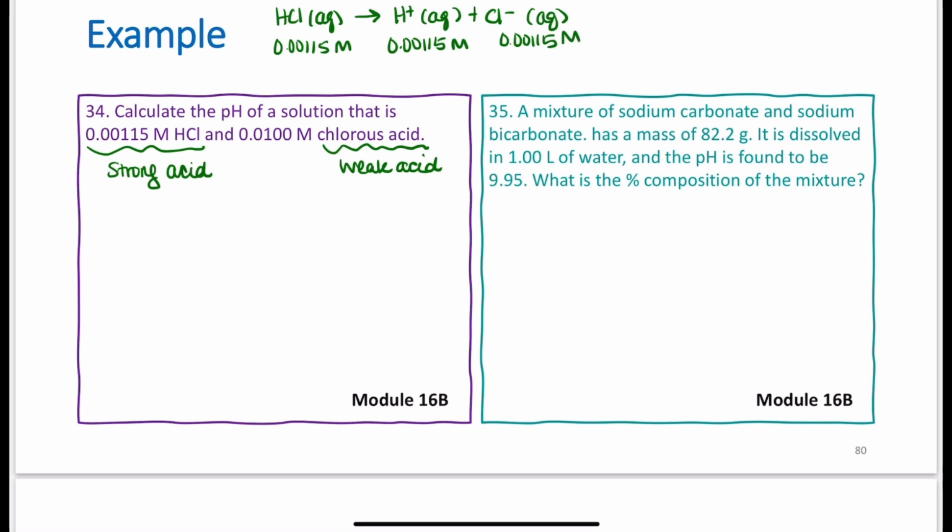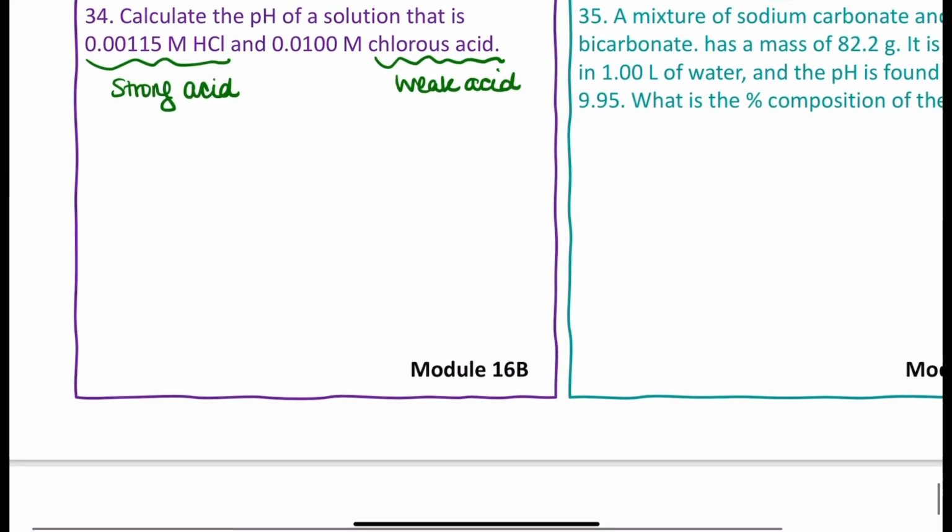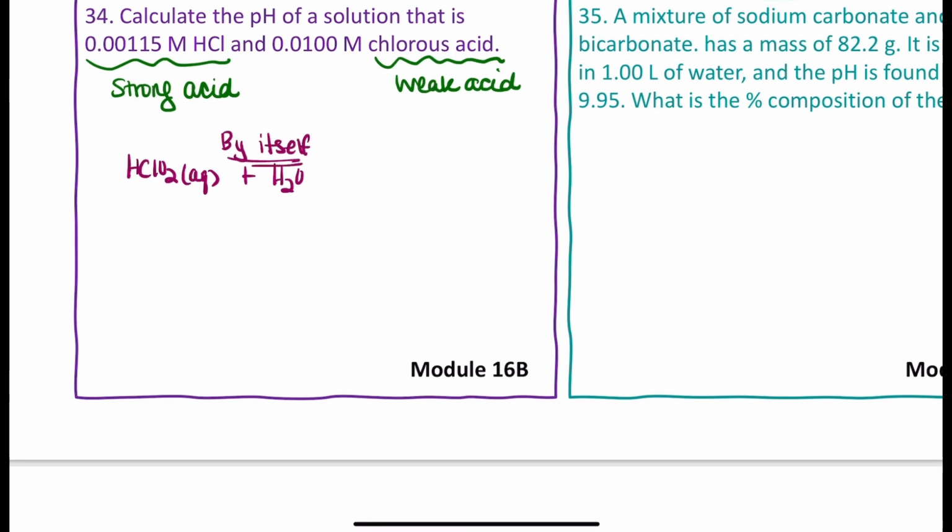Okay? Now, I'm going to show you something, but this is not correct, I'm going to show you why you wouldn't do this anyway. If I'd actually looked at chlorous acid, which is HClO2, it is a weak acid, meaning that by itself, keyword there, it goes into chlorite and H3O plus.